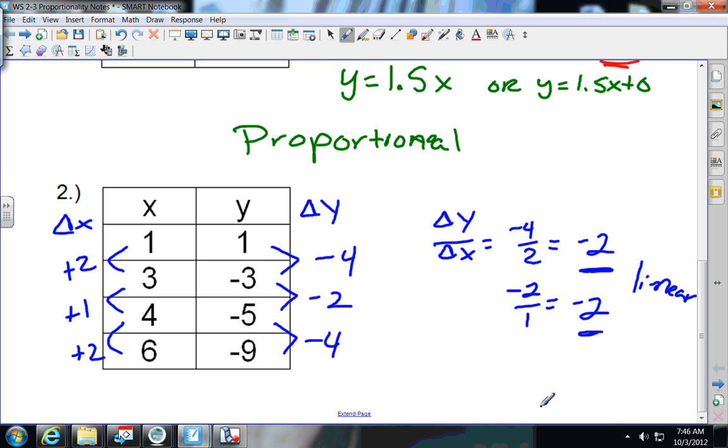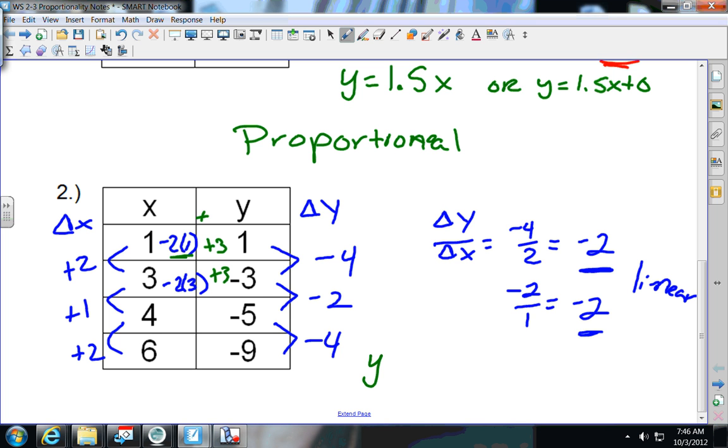Now I need to find out the equation to see if it's proportional. If I take negative 2 times 1, I get negative 2. What do you have to add to negative 2 to get to 1? Should be plus 3, right? Negative 2 times 3 is negative 6 plus 3.